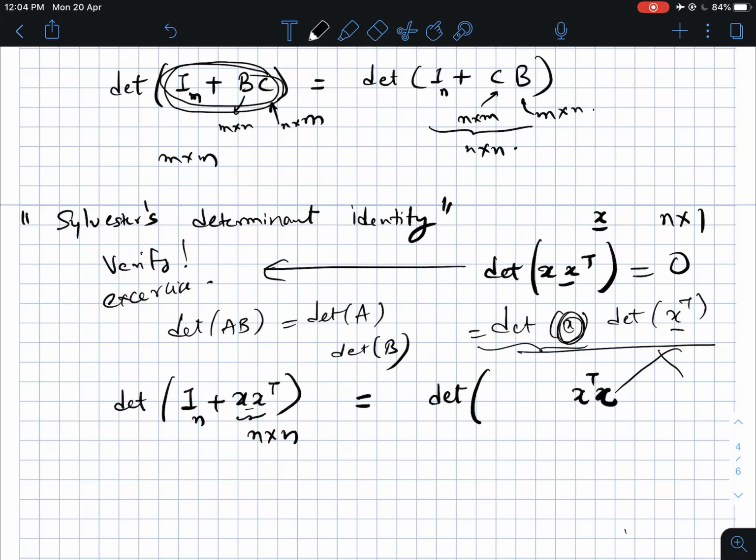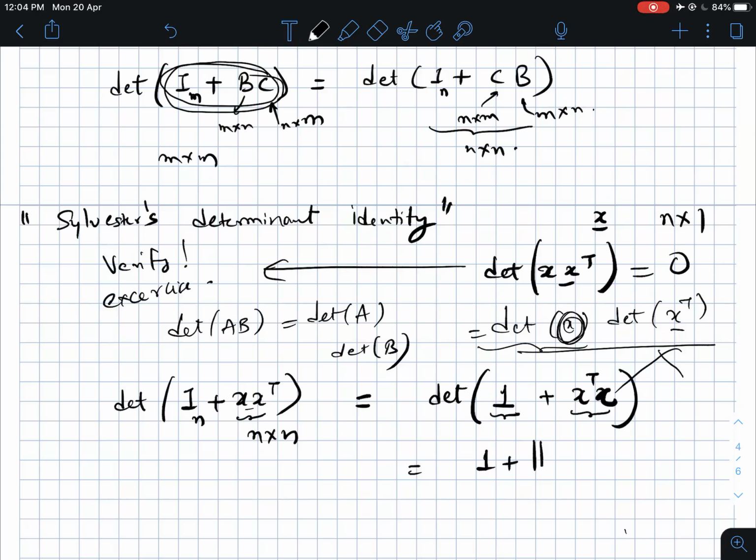I'll simply swap the order here. XX transpose, I'll swap it to x transpose x, right? Now x transpose x is just 1 cross 1, so I need to just put a 1 cross 1 identity here, right? Which is just 1. 1 plus x transpose x, which is just 1 plus 2 norm of x whole square.